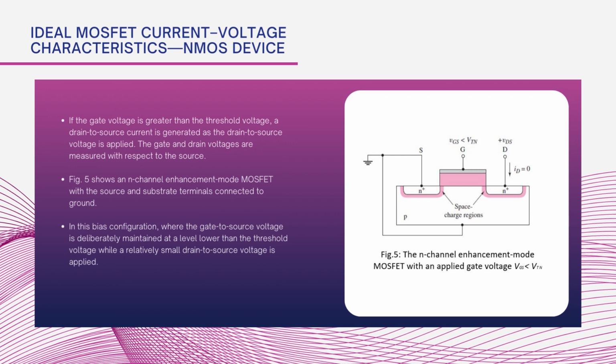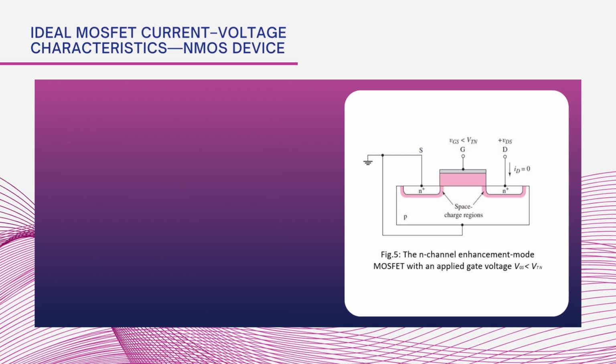In this biasing configuration, the gate to source voltage is deliberately maintained at a level lower than the threshold voltage, while a relatively small drain to source voltage is applied. A few critical phenomena come into play.